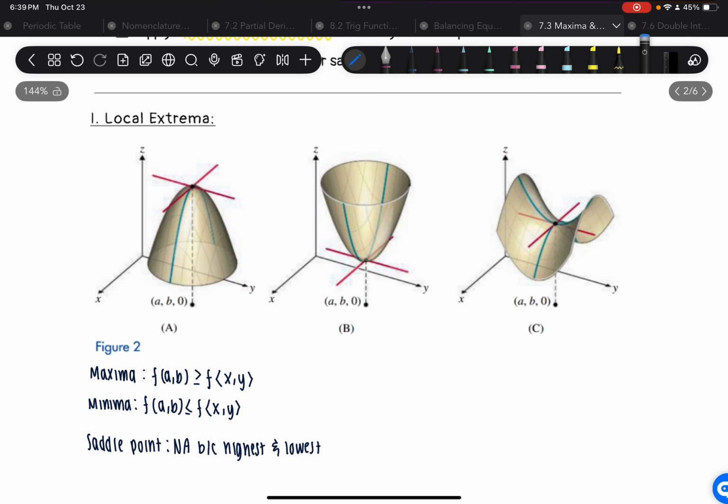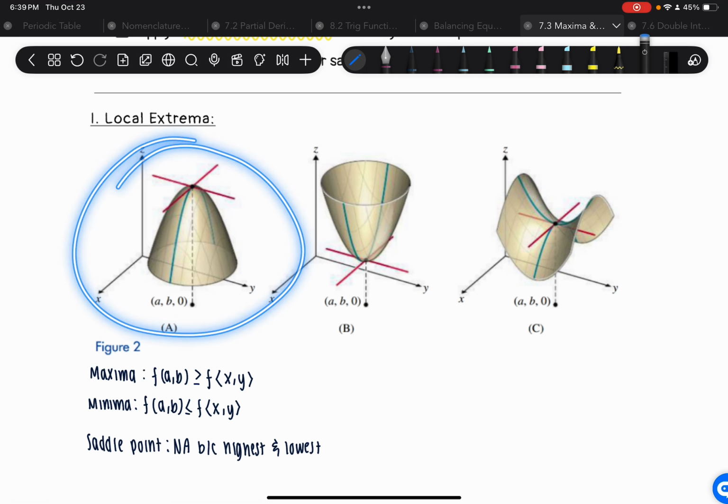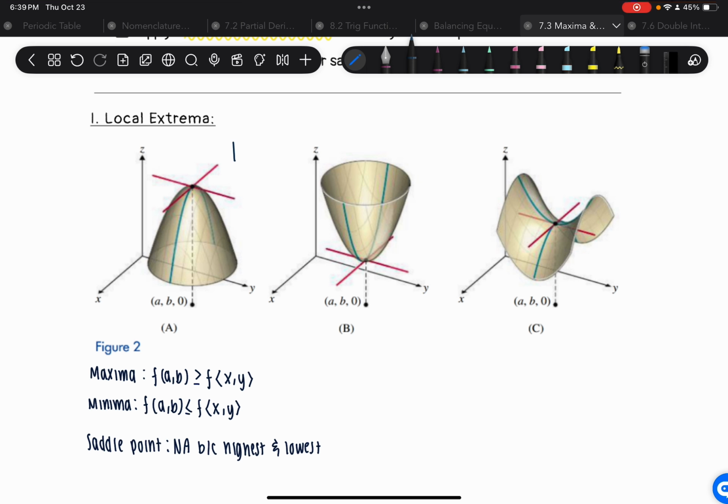Looking at these 3 graphs, this first one right here is a local maxima because, as we can tell from the graph, it has a high point right there. On a 3D graph, the local max is the highest point of the graph.